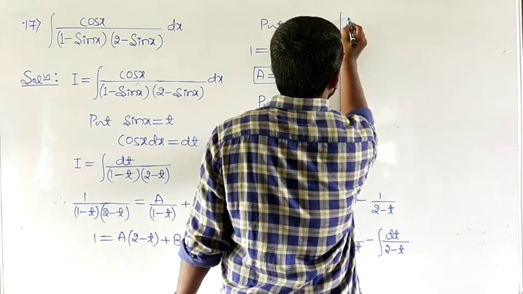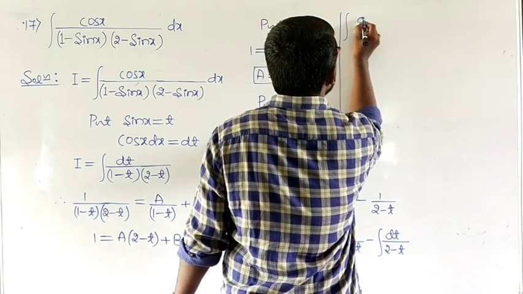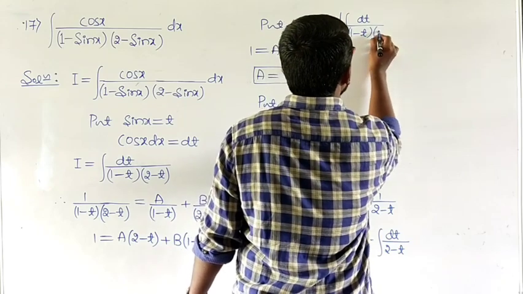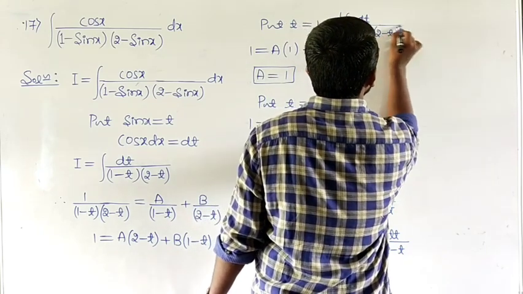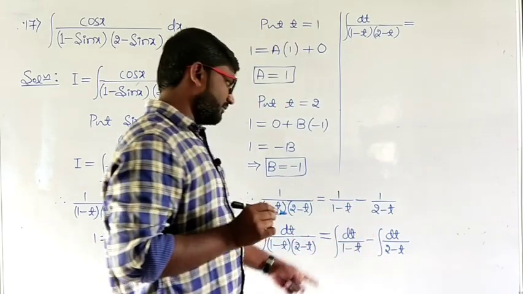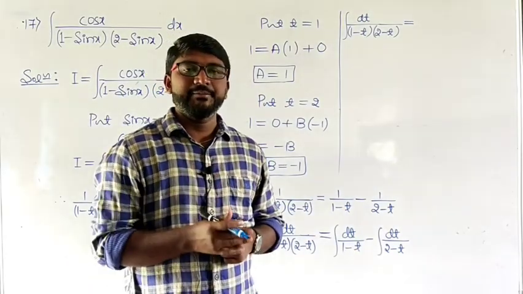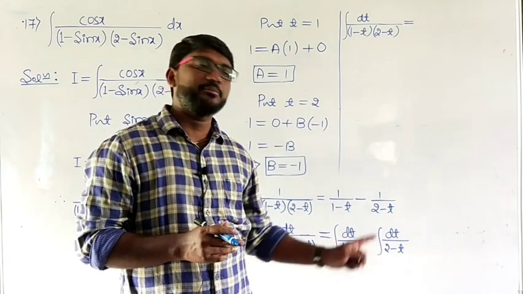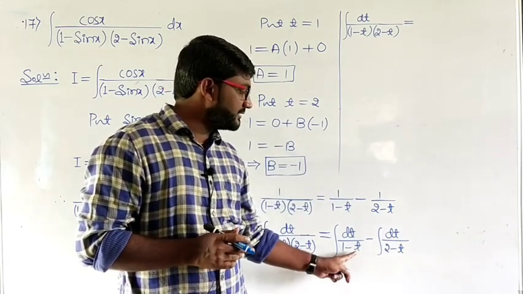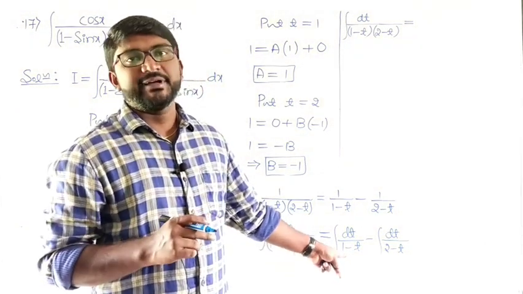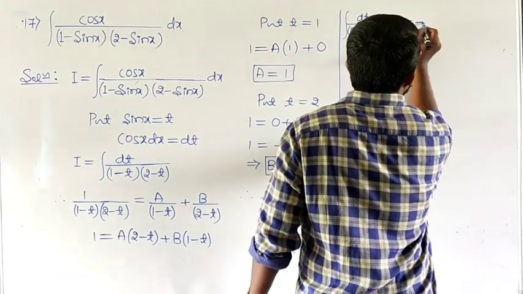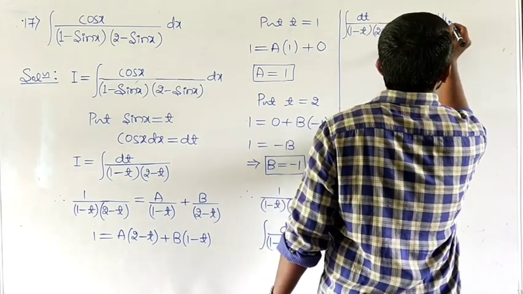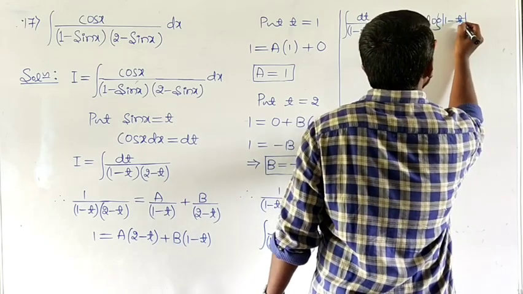Therefore integral dt by 1 minus t into 2 minus t which is equals to, so what is integration of dt by 1 minus t? If it is t minus 1, it would have been log mod t minus 1, but here the coefficient of t is minus 1, we have to divide by minus 1, that is why we get minus log mod 1 minus t.